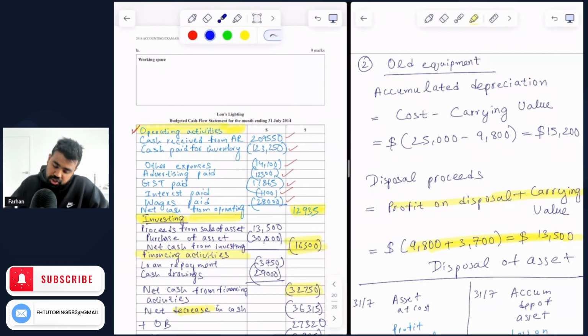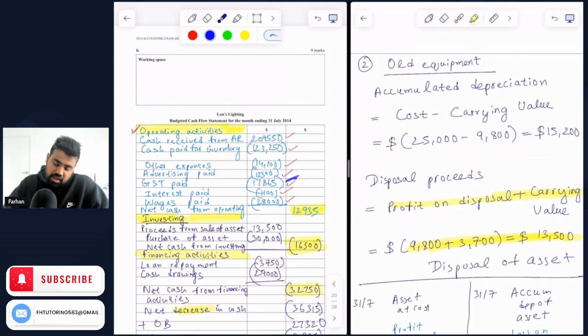Then you could talk about GST paid of $17,865. GST paid is not an expense nor a revenue. This is the GST you pay when you make purchases for certain items. It could be relevant to purchases of stock, and also to any expenses that you paid for in cash.